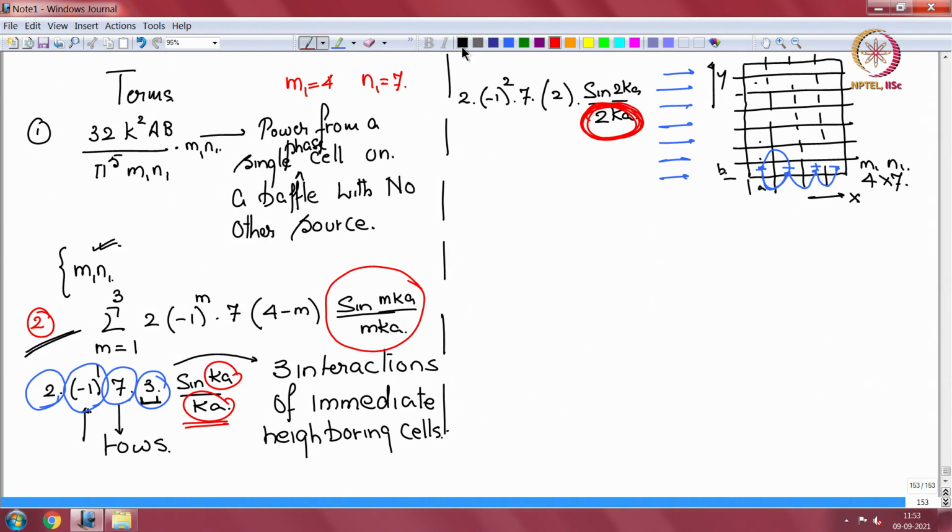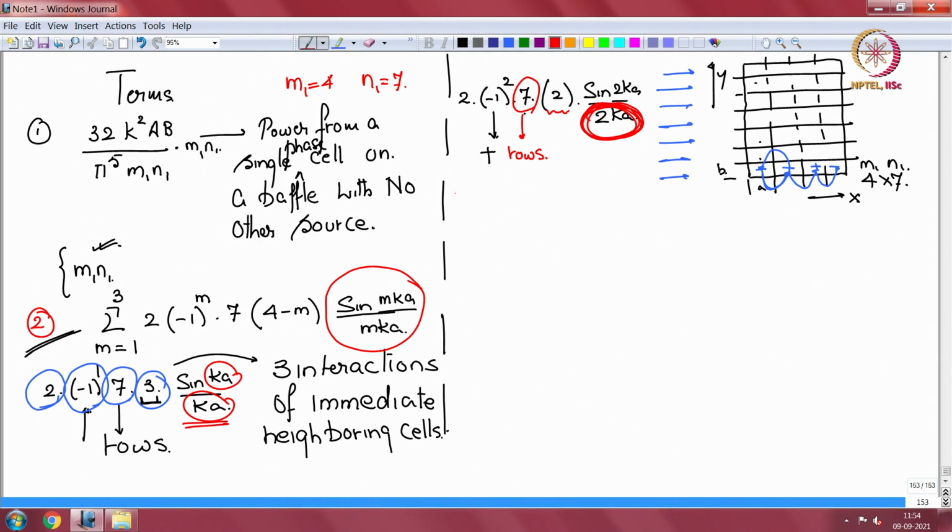So let's see the meaning of these terms. Now the negative is gone, this is positive. There are 7 of these, again to describe the rows, and there are 2 of this. What are the 2 of this?